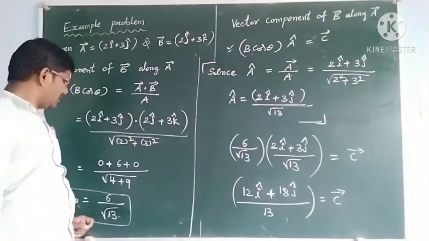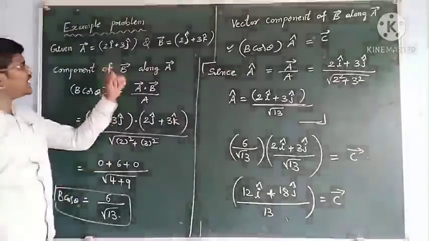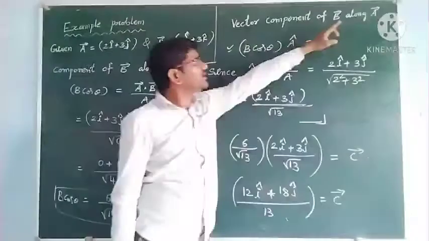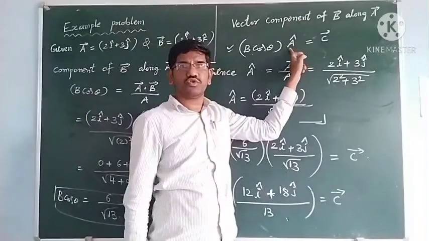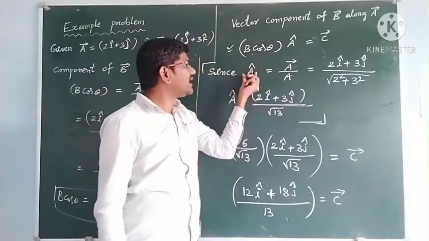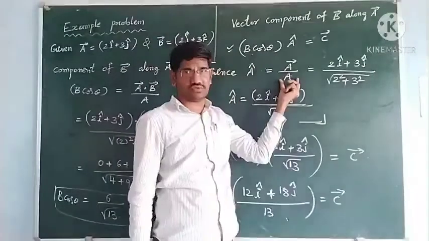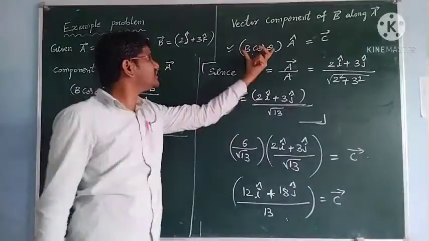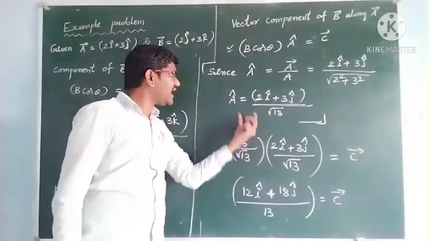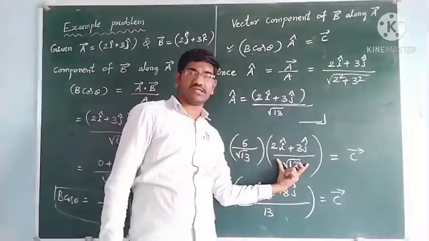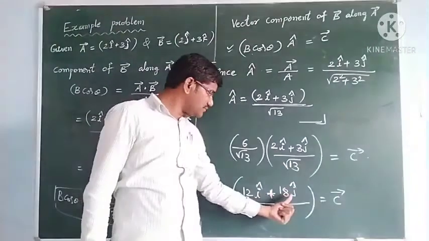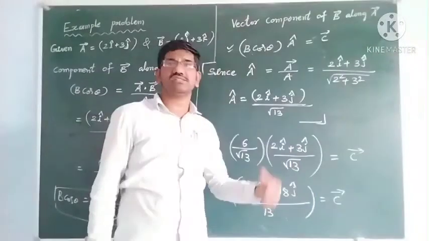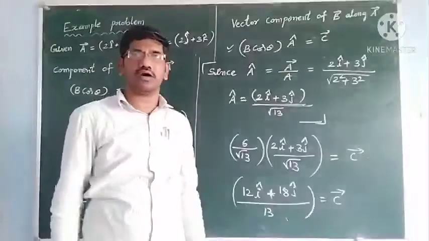And this b cos theta in the direction of a bar, so you multiply with a cap. a cap means vector by its magnitude. And that scalar is multiplied by the direction vector, so we got finally in terms of unit vectors. So this is a vector quantity you can call, students.